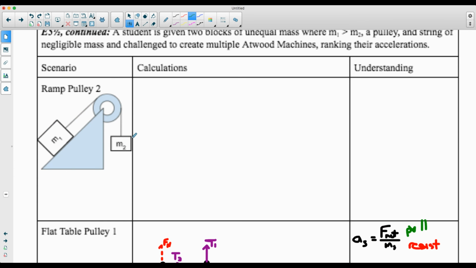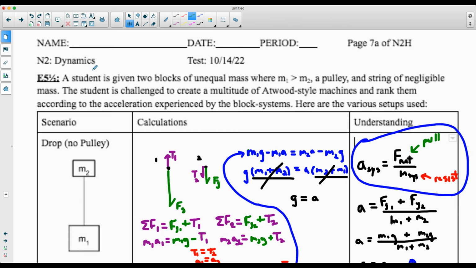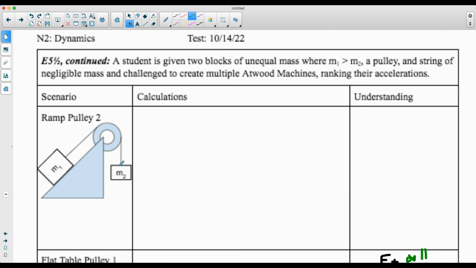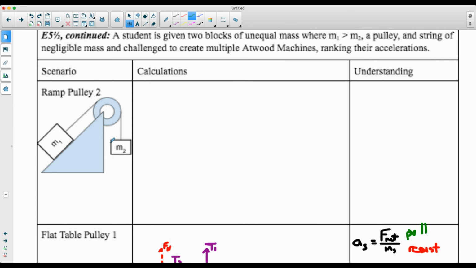And this ramp pulley 2 is also a scenario kind of like that, where over here, we had M1, the bigger mass, pulling. But now we have M2, the little mass, pulling. This one is actually a pretty interesting scenario because depending on the masses, this could go in either direction. In order for this one to accelerate in this direction, the pull this way has to be greater than the pull the other way.